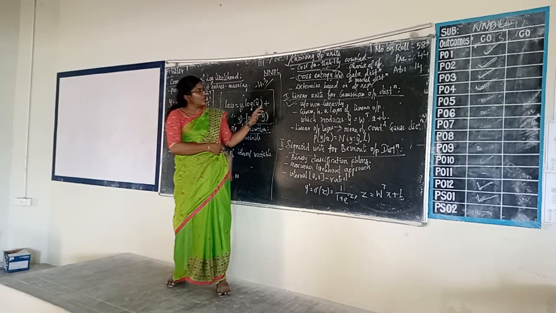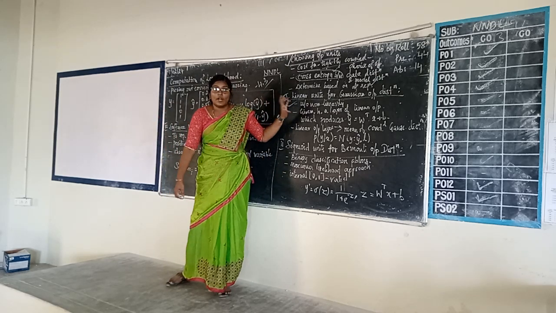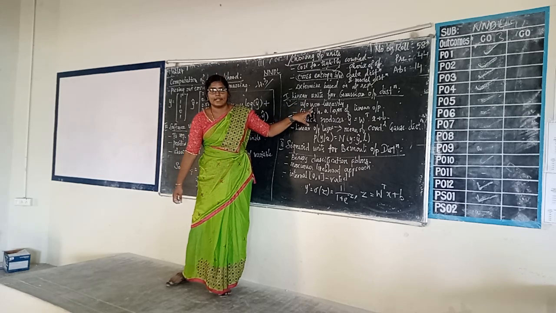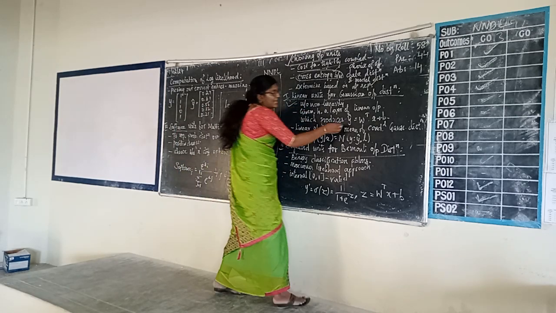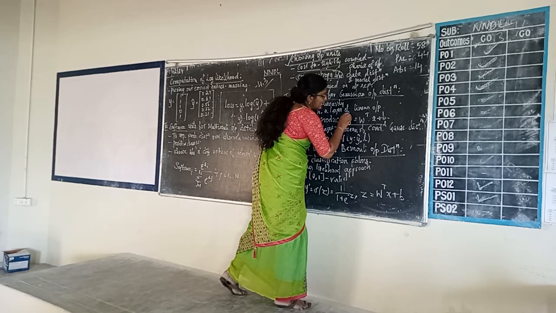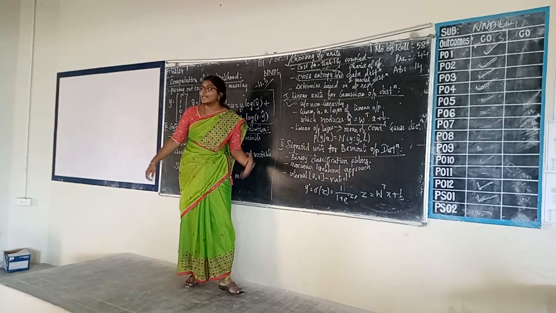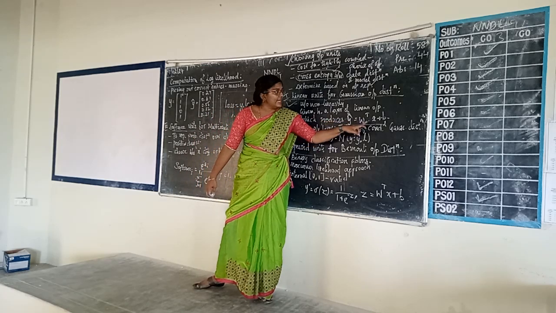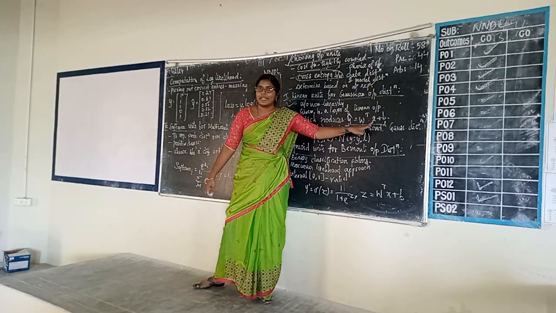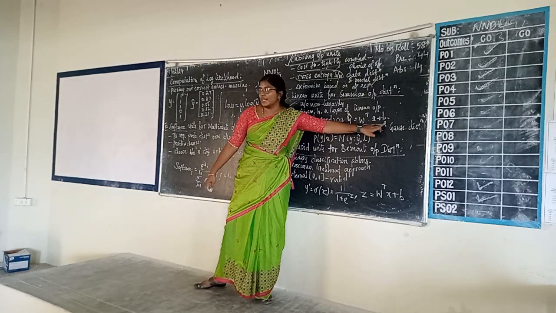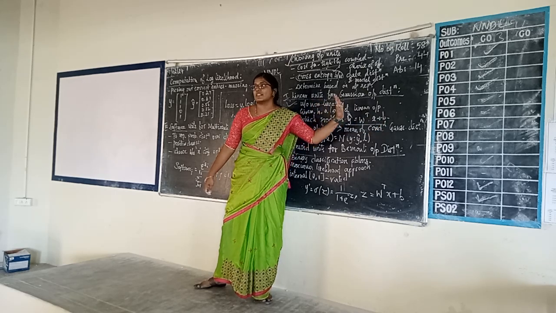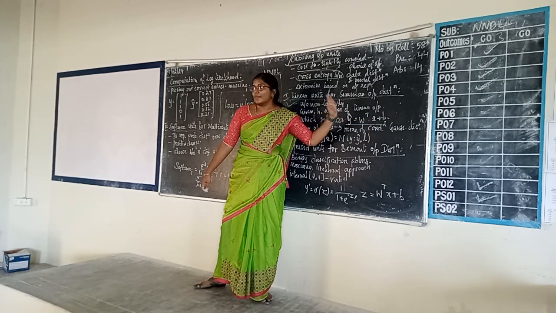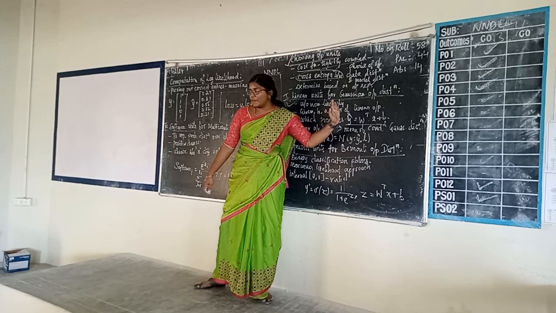Y cap is nothing but the predicted output, which will be computed using the formula weight transpose into input X plus bias value. It is the normal linear transformation equation. Remember, y equal to Ax plus b, right?